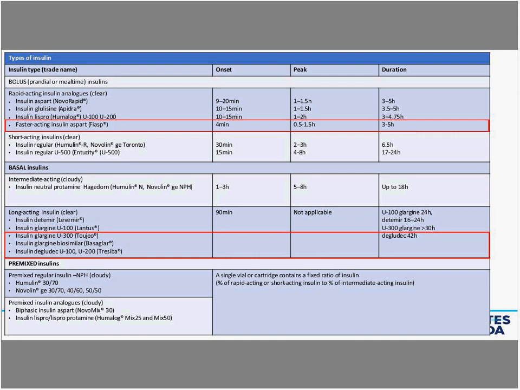Of course, we have the new basal insulins available to us. Toujeo, insulin glargine U300, Basaglar, which is generic Lantus from Eli Lilly, and the new insulin degludec, Tresiba, in U100 and U200 formulations, an ultra long-acting formulation with a half-life of 24 hours and a duration of 42 hours.